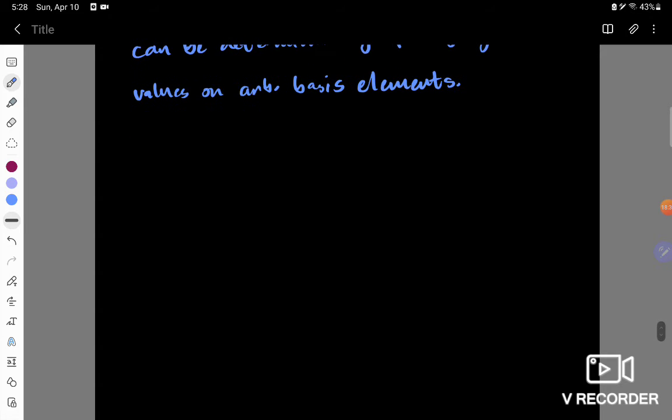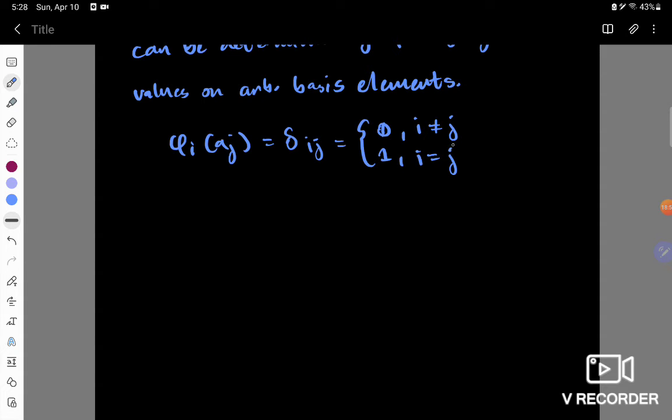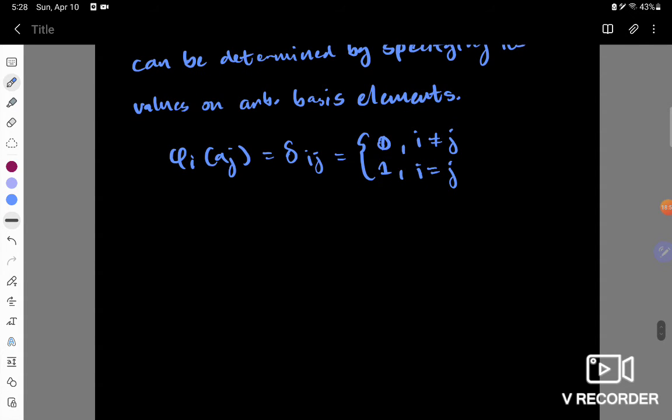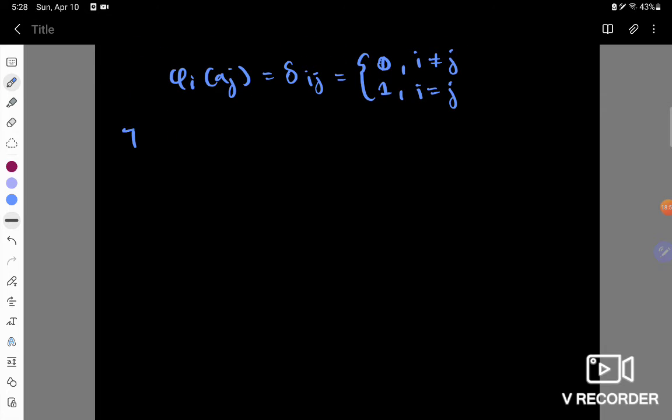Right, so we define phi i of a j as just delta ij, or in other words, 0 if these indices do not match, 1 if they do. And this is how we construct the space of linear functionals.